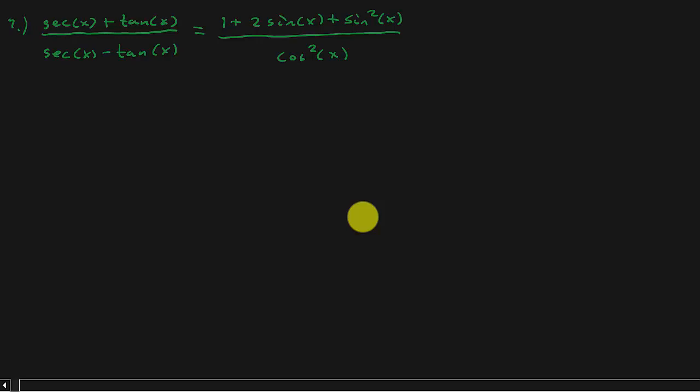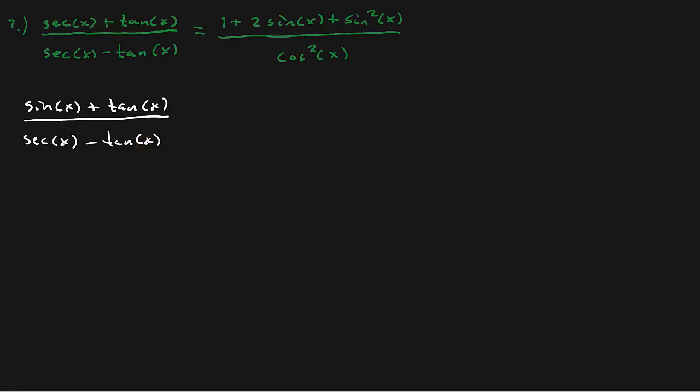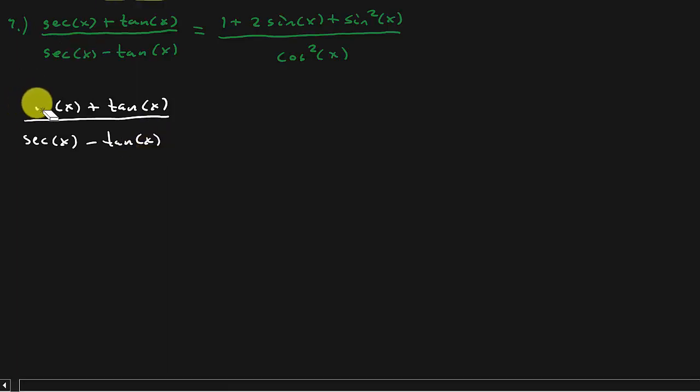Let's take the left-hand side, sine x plus tangent x over secant x minus tangent x. Well, I wrote that down wrong, didn't I? That should be secant.